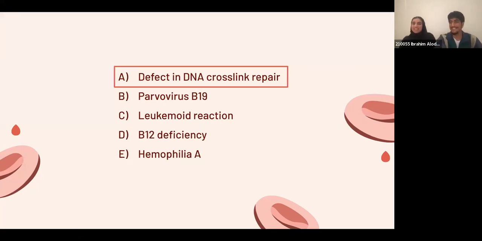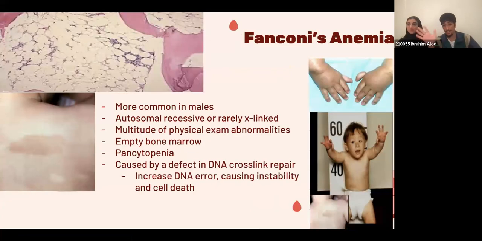Yeah, it is a defect in DNA cross-link repair. It's a Fanconi's anemia case, like Nora said. So just for any general refreshing, Fanconi's anemia is a genetic disease. It's more common in males. It's autosomal recessive usually, rarely it can be X-linked. You're gonna see in a question case about Fanconi anemia a multitude of abnormalities on the physical exam.